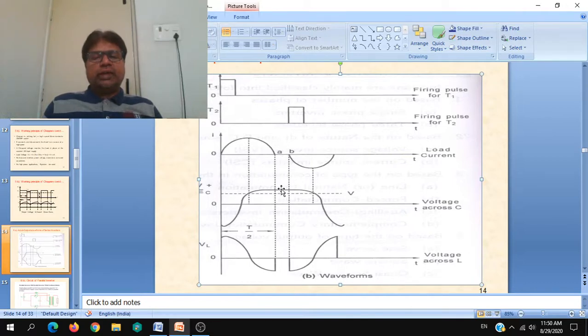So this is the main thing where you have to make it sure that the outgoing SCRs are to be completely turned off, then only the next set of SCR should be turned on. This must be taken care of.